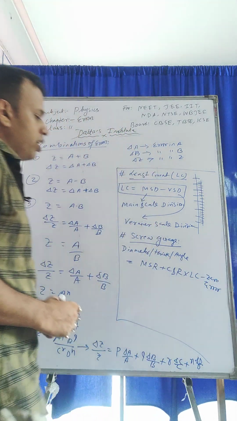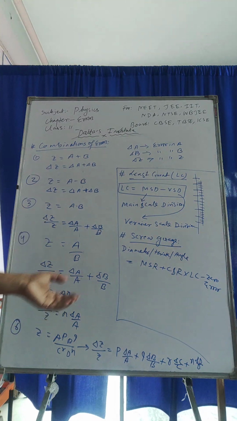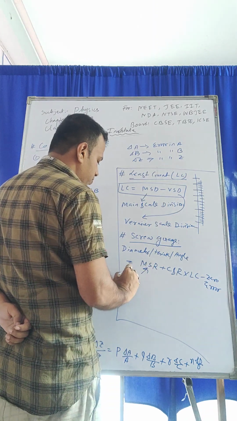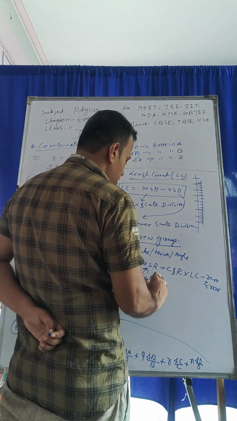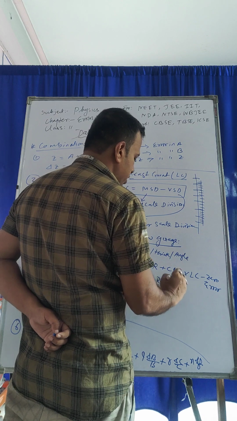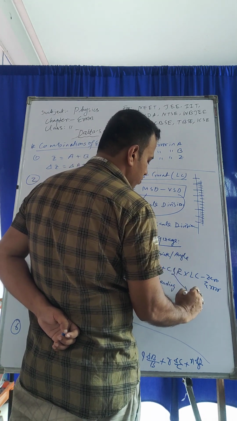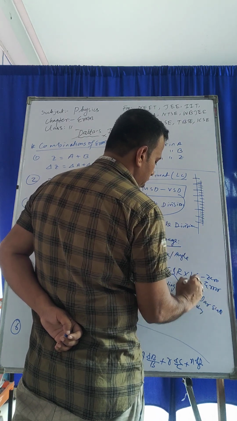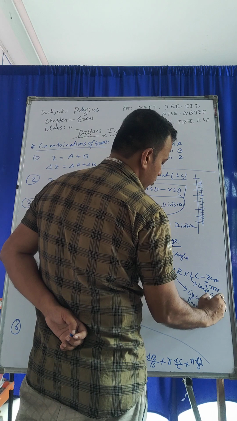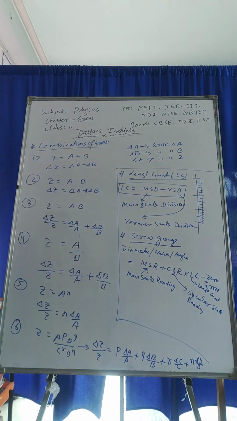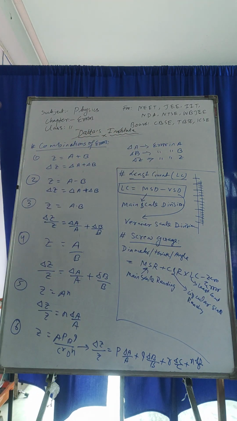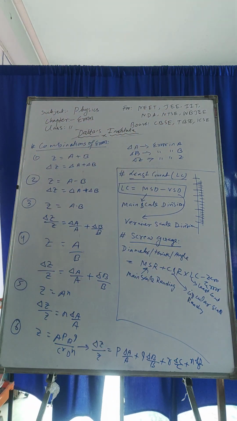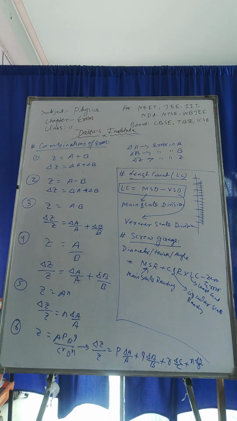MSR means main scale reading, CSR means circular scale reading, and LC means least count. Okay, so these are all the formulas related to errors. I have already completed all the formulas related to errors.